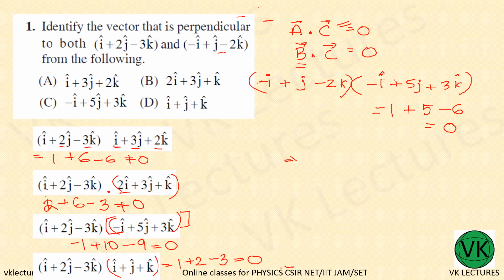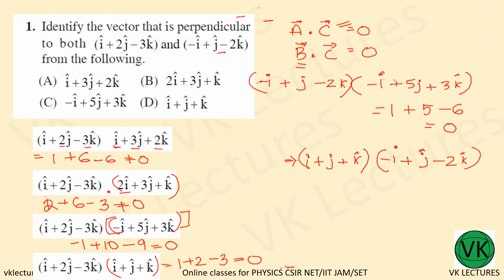So the required answer is -i + 5j + 3k. And just for confirmation, let us check with the last option, that is i + j + k. We will use this vector C, i + j + k, dot product with the vector B. What is vector B here? -i + j - 2k.